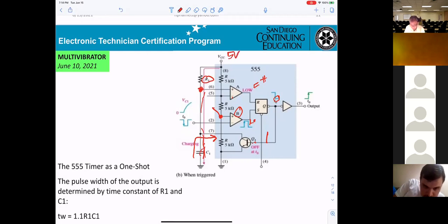Then what voltage will be here? 5 times 5 divided by 10. You see that? 1.67, is that right? Okay, 5 times 5 divided by 10, it's 2.5.